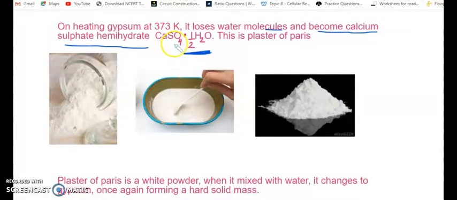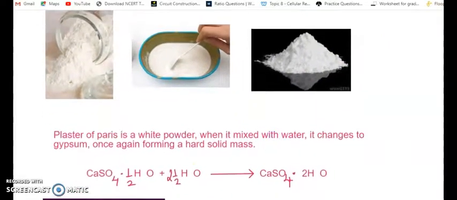Therefore it is called calcium sulfate hemihydrate. The common name for calcium sulfate hemihydrate is plaster of Paris, and it looks like this whitish powder. When you mix water into the plaster of Paris, it will become hard again and form gypsum.